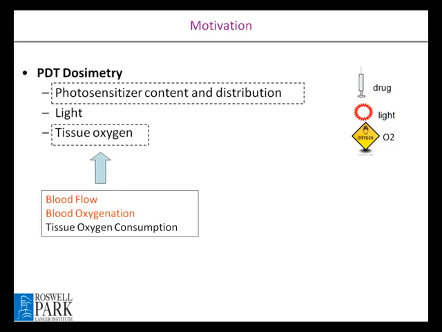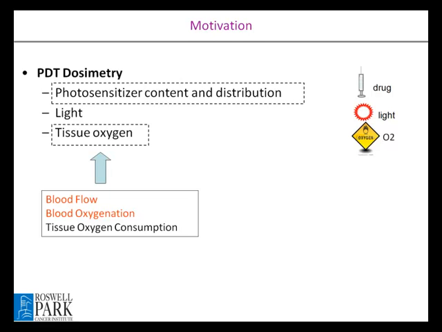So for effective PDT, we need to improve the PDT dosimetry. For that purpose, we have three components. One is we need to have enough photosensitizer accumulation in the lesion we are investigating. You also need nice delivery of the light, and you need to have tissue oxygen. As imaging people, we are monitoring these things, and light dosimetry is monitored by the laser engineers.